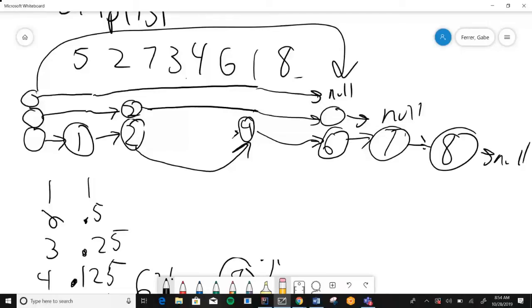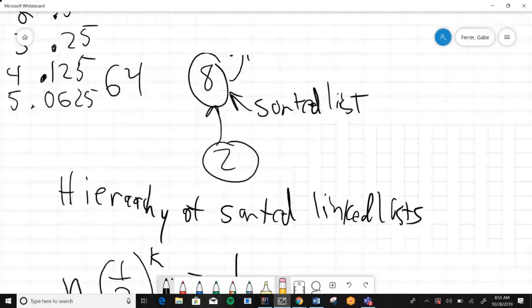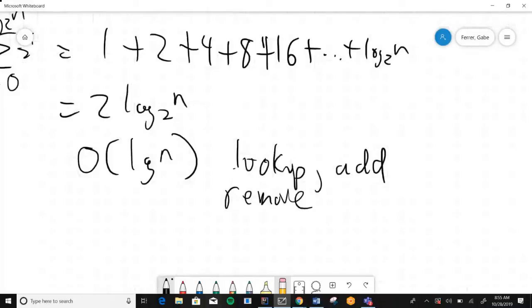A skip list is a very effective technique for implementing a dictionary, such that because lookup, add, and remove are all just log base 2 n comparisons, you can insert the key value pair. Typically in a dictionary, the key is what we're sorting on, and then there's some value associated with it. So this would give you log n lookup, add, and remove from a dictionary.